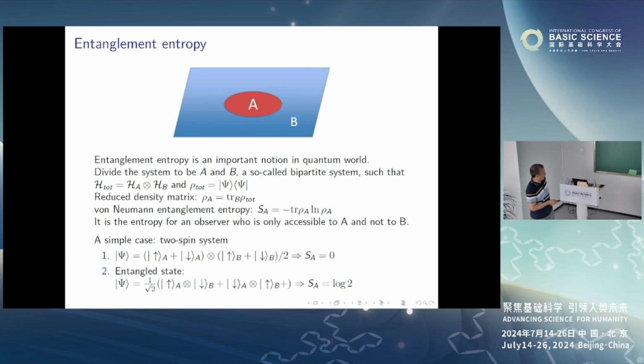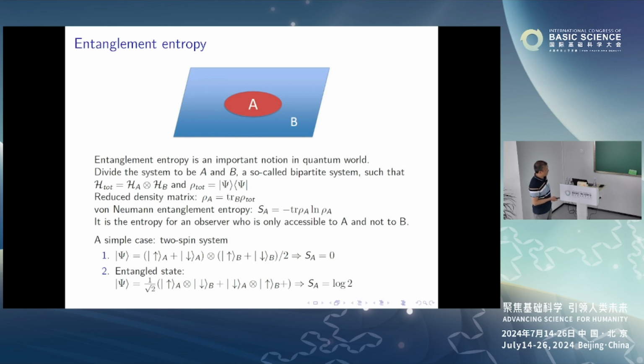In order to compute the entanglement entropy from the definition, we have to start from the density matrix of the whole system, then trace over some degrees of freedom to get a reduced density matrix, and then take the von Neumann entropy to get the entanglement entropy.